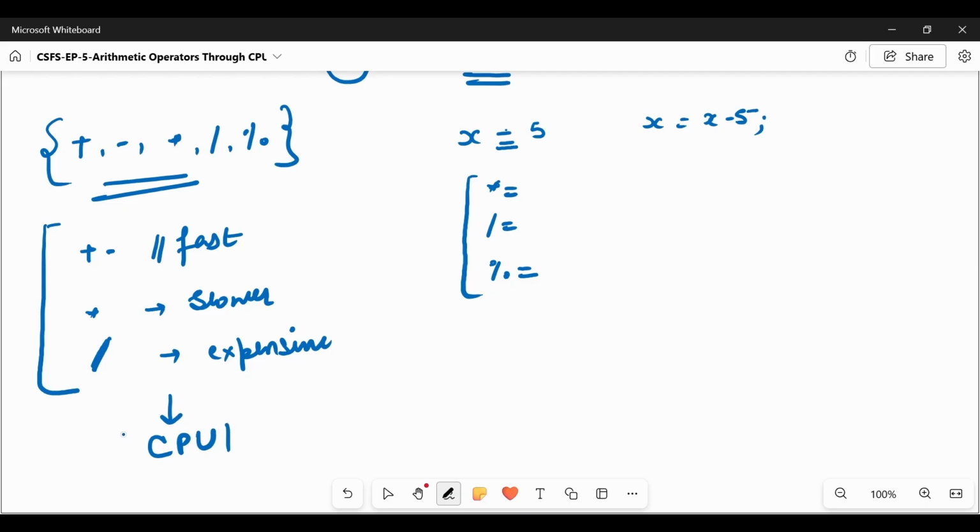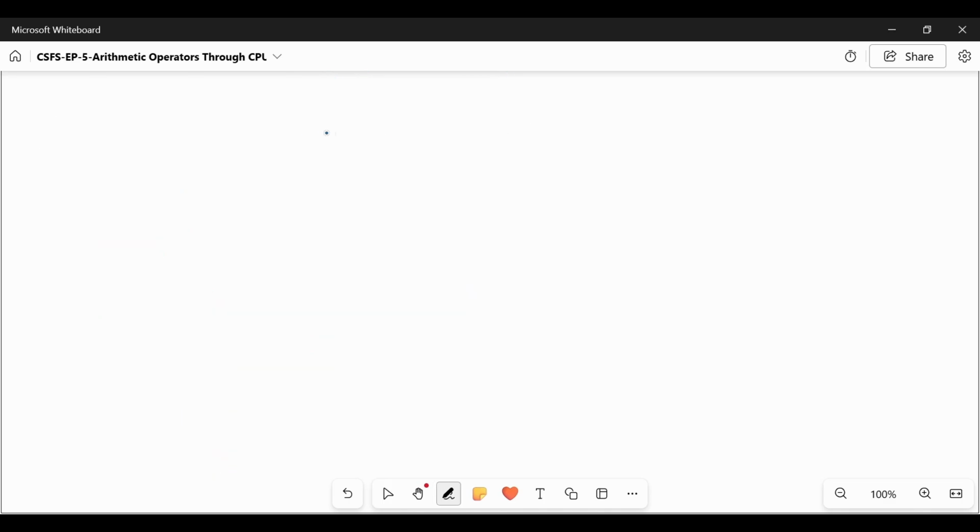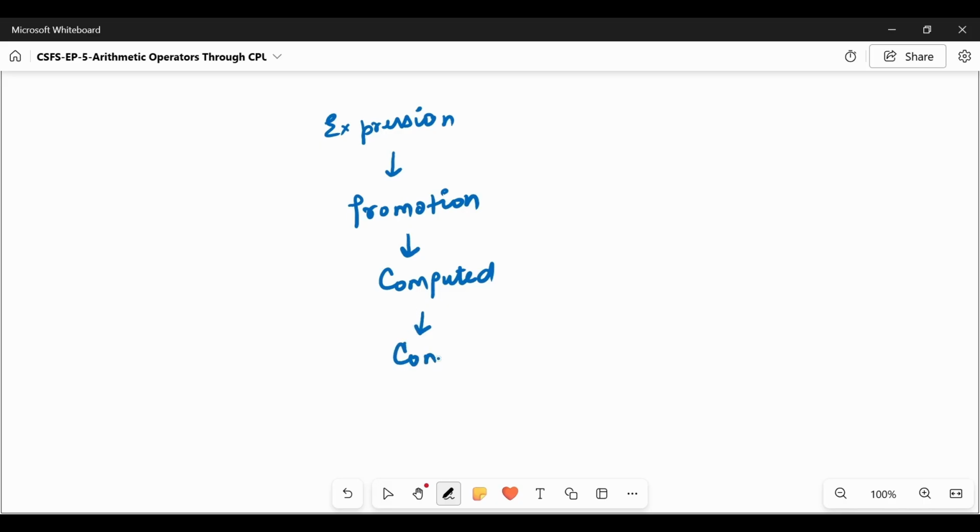How long the CPU takes to perform the arithmetic operations determines the operator cost. In the execution pipeline, where we have a particular expression, we will do the promotions if we can, and then the value is computed, like sometimes a character being promoted to an integer, and after the computation we will do the conversion and then store the value into memory.